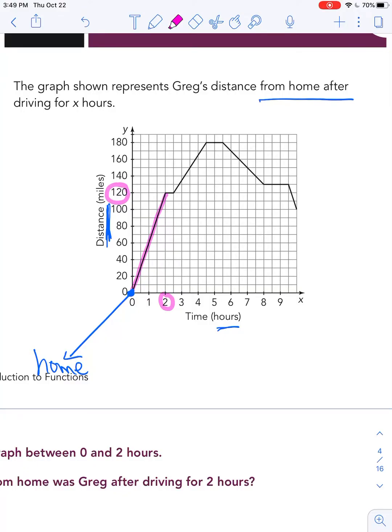So he went away from home for 120 miles. Then right here, that's a half an hour. So for a half an hour, he was still 120 miles away from home. So that means he could have been, you know, having dinner somewhere, or I don't know, maybe traffic stopped, you know, coming home from Vegas.